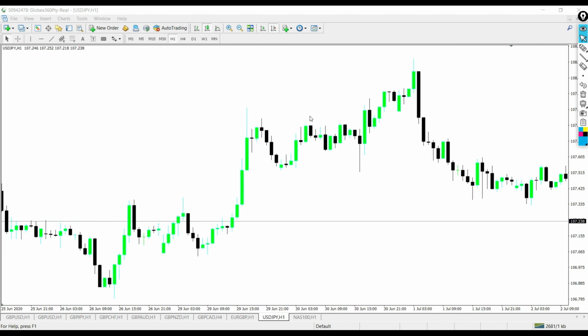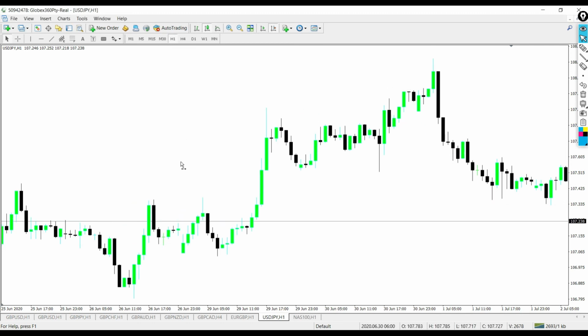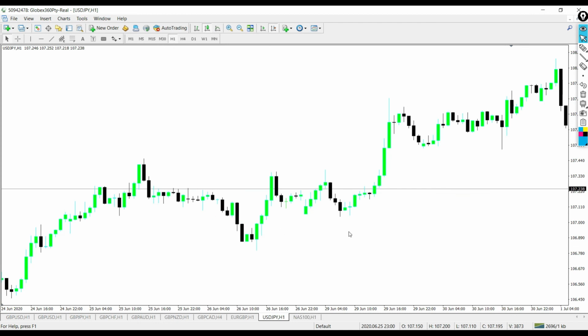And there's what we call a tweezer, right? A tweezer is when two candlesticks close at the same level or almost at the same level. This looks almost like an inside bar, but if you check really, this candlestick closed almost the same as the opening of the previous candlestick.